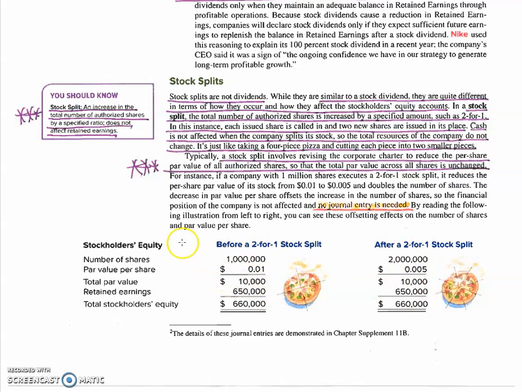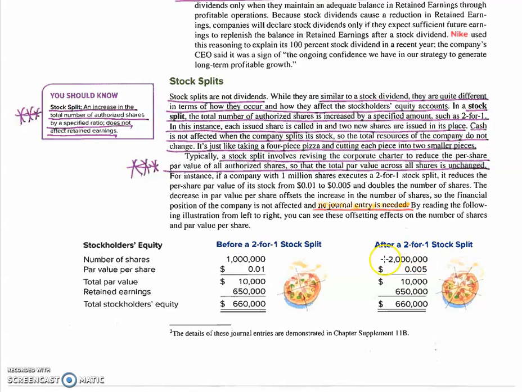So before the stock split, a 2-for-1 stock split, we had 1 million shares outstanding, 1 cent par, total par value of $10,000, total retained earnings of $650,000, total stockholders' equity of $660,000.